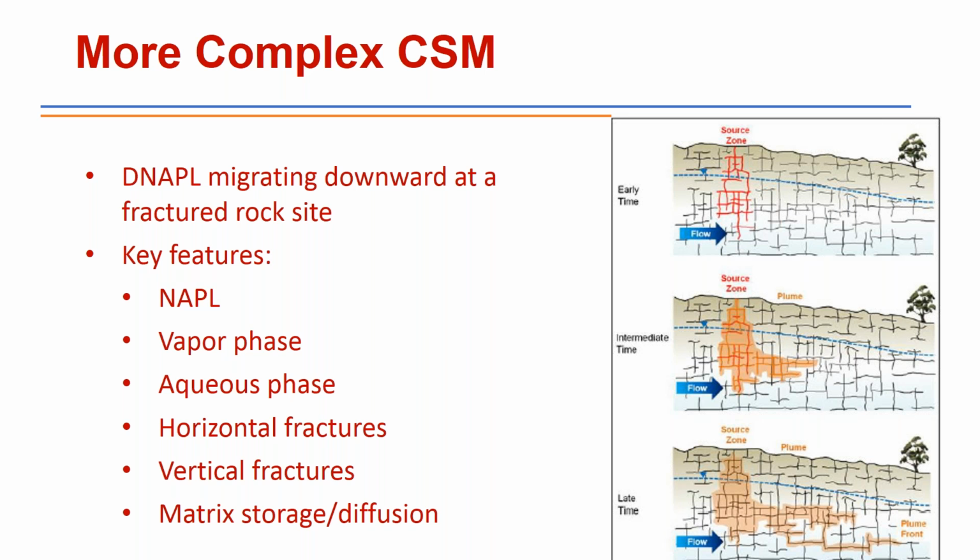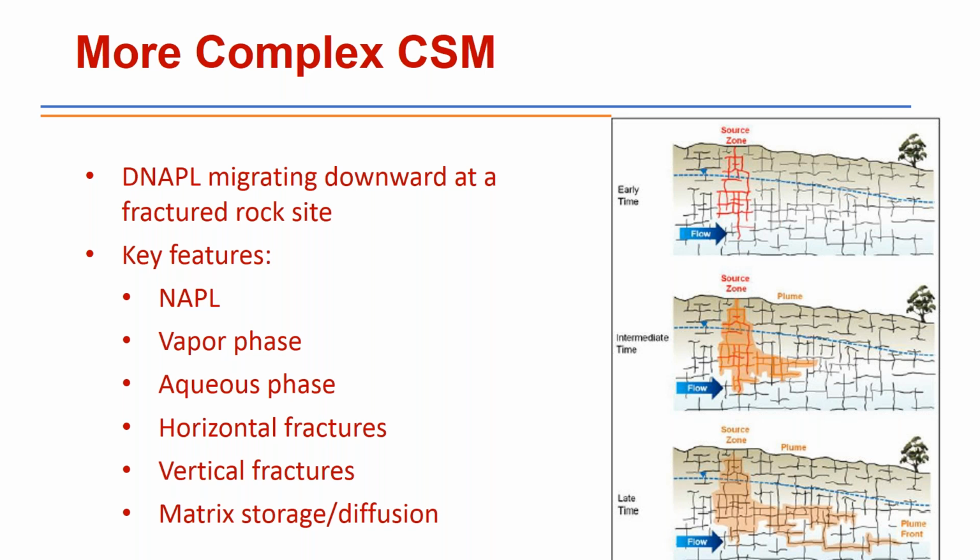And then maybe at some later time, maybe this was a discrete release that is no longer contributing NAPL to the subsurface. Whether that stopped a couple of years ago or decades ago, you could have a plume that looks like the bottom picture here, where there really isn't that much mobile NAPL left, and you just have aqueous phase, but you also have diffusion into this matrix.